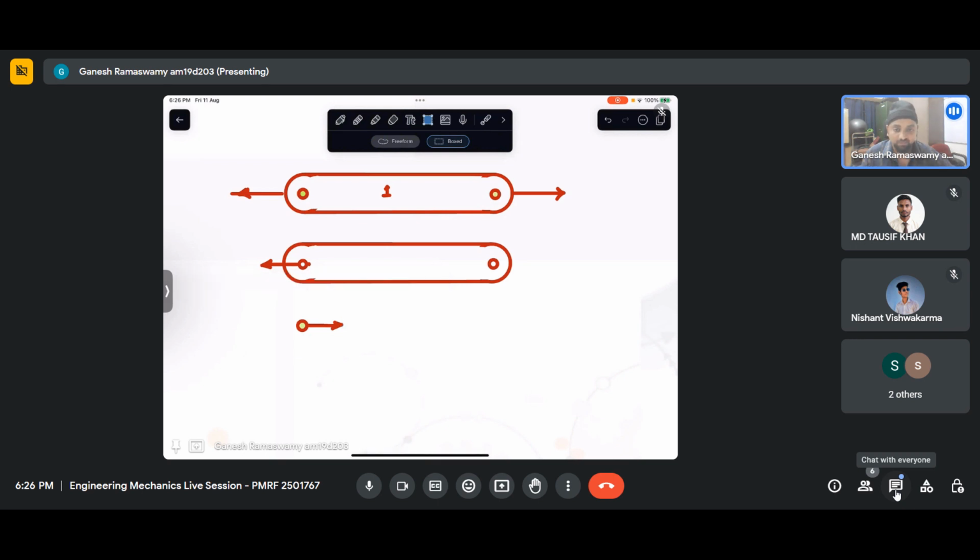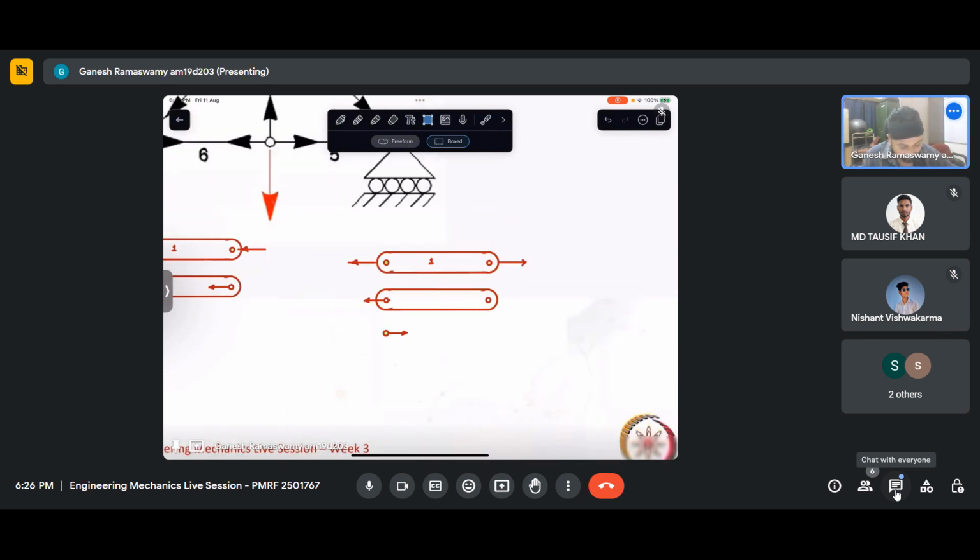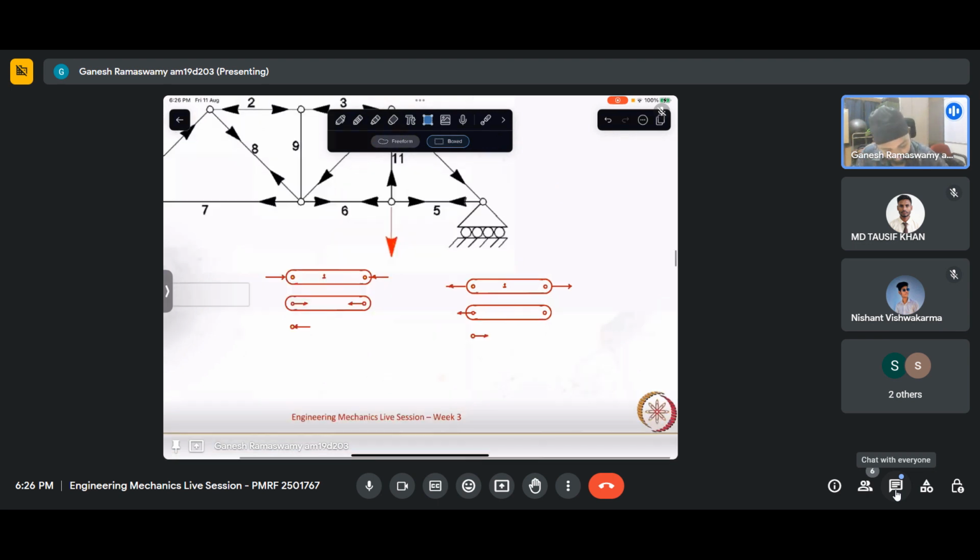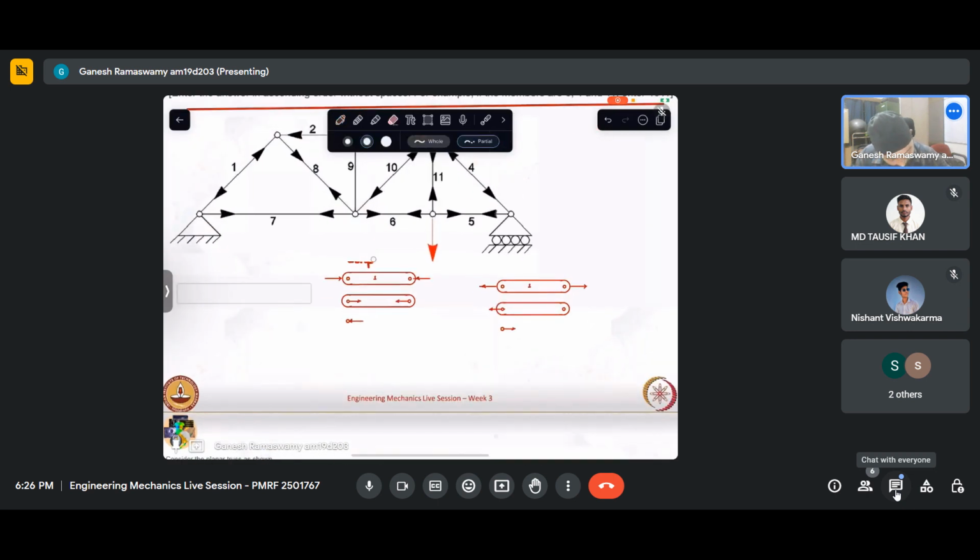I hope this is clear. So when we do, this member is in compression. And this member is in tension.